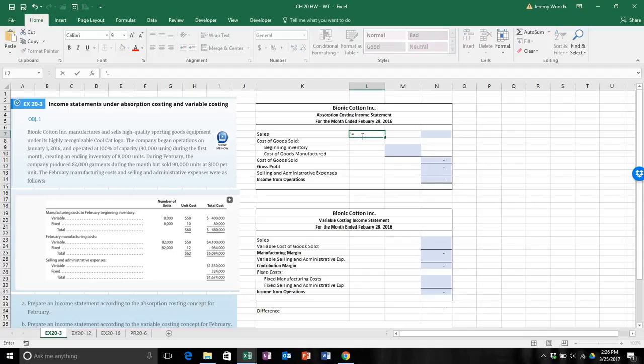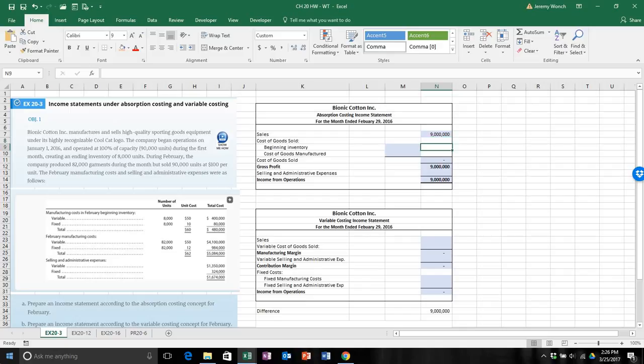For our sales, we sold 90,000 units at $100 a piece, so we have $9 million in sales.